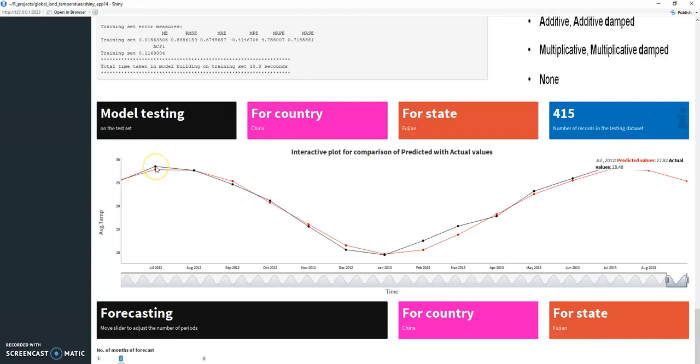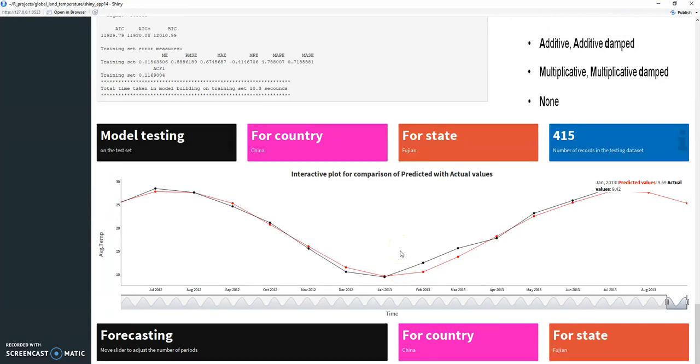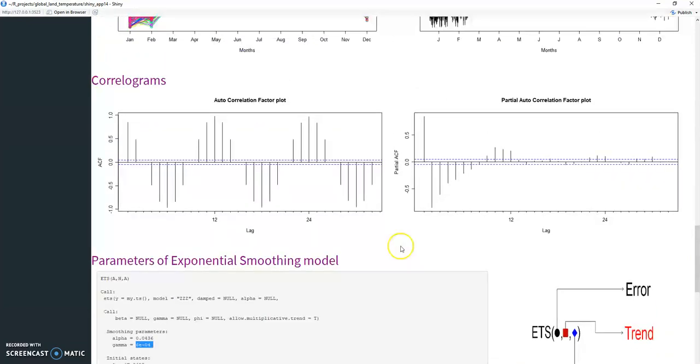If you zoom into the graphs, you can see that the predicted temperature for July 2012 is 27.82, and the actual temperature is 28.48. They're fairly close for a lot of other points. So this is how the model performs on the 20% of the actual data set.